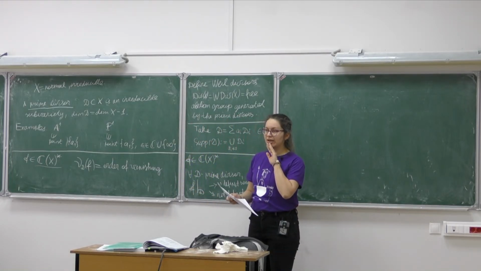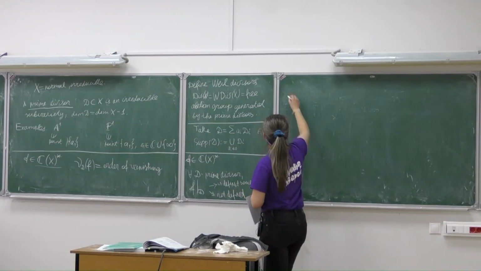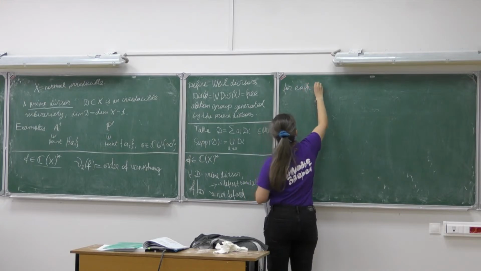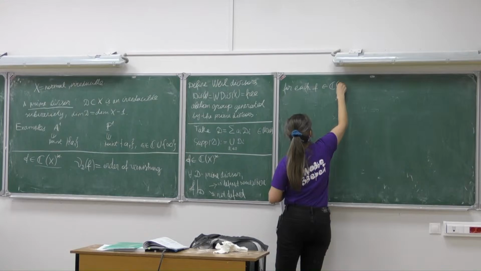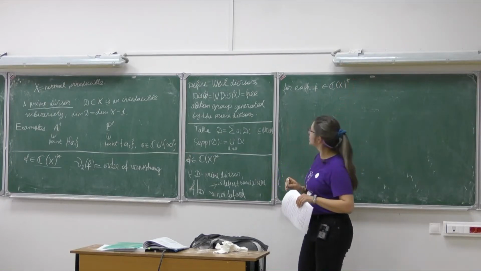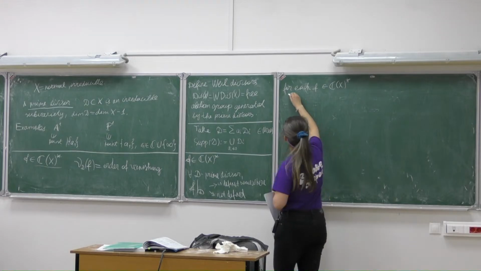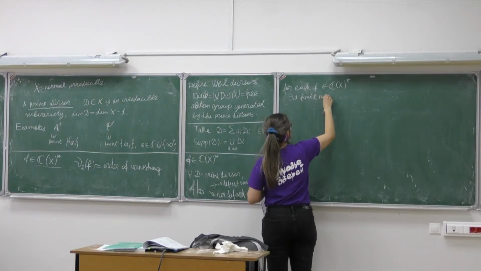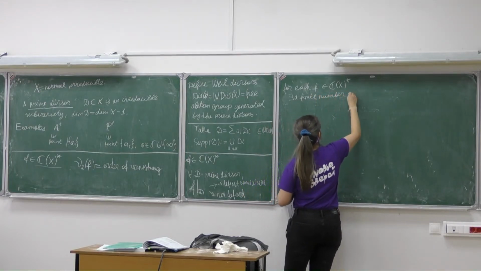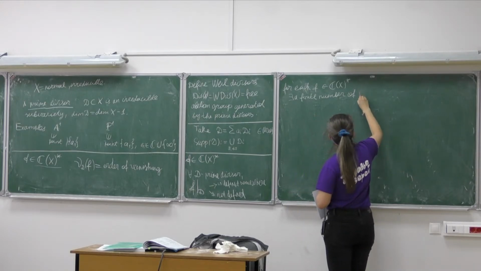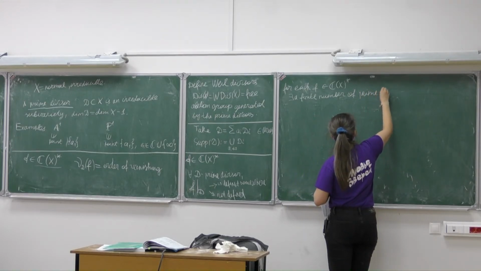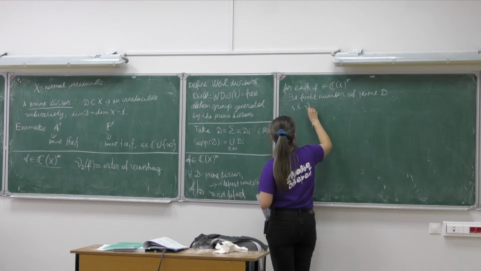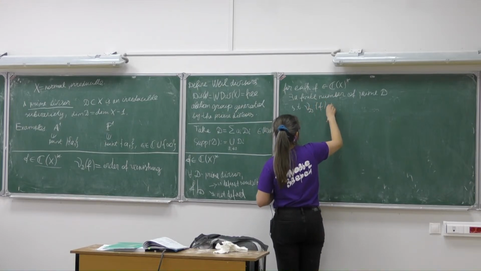And now we can say that for each f from C(X) star, there is a finite number of prime divisors D such that nu_D(f) is non-zero.